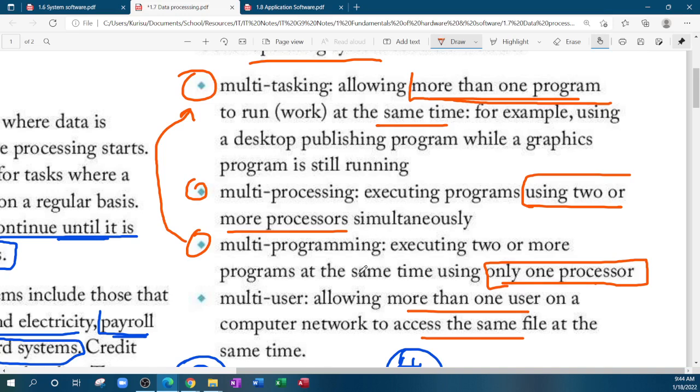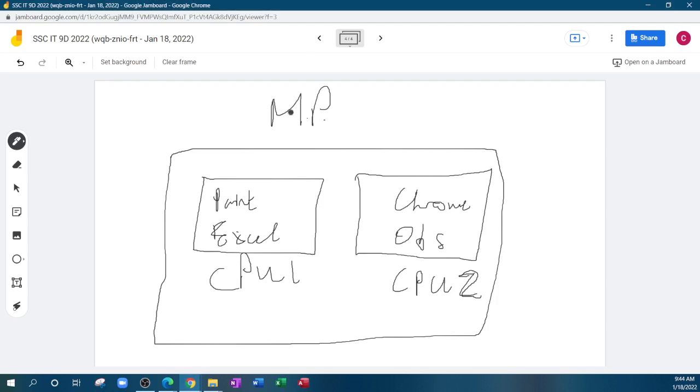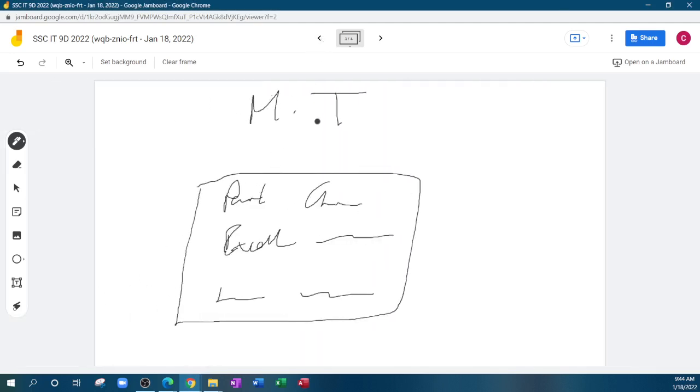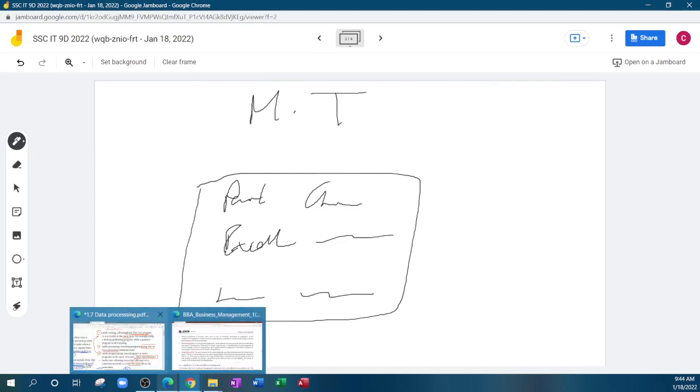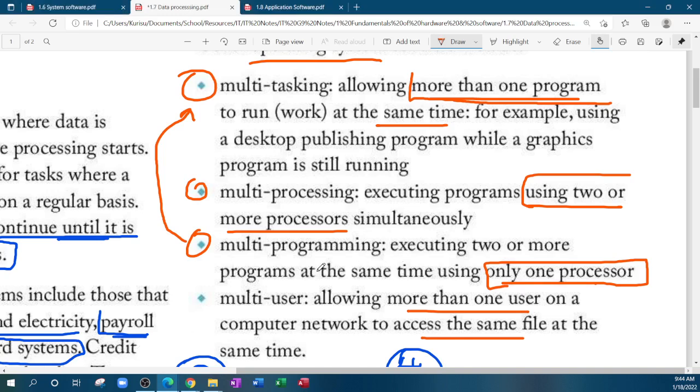So you're gonna only have one CPU, and all of your programs are going to be run on that one CPU there. So that is multi-programming, one processor running more than one program. So multi-programming, multiple programs running on one processor.